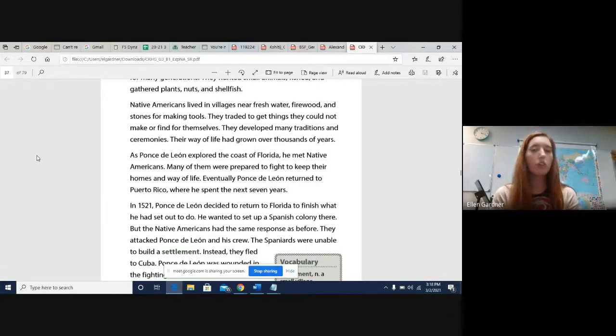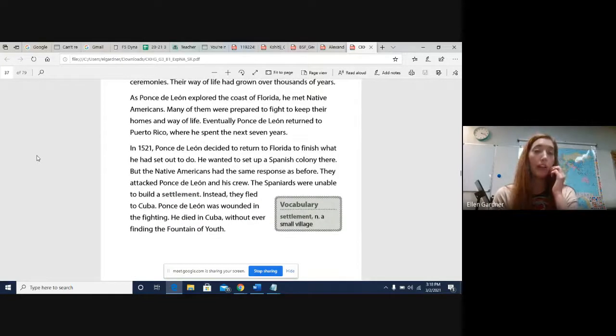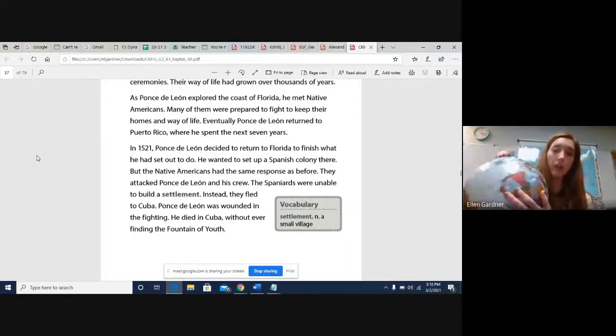Now, as Ponce de Leon explored the coast of Florida, he met Native Americans. Many of them were prepared to fight to keep their homes and way of life. Eventually, Ponce de Leon returned to Puerto Rico, where he spent the next 7 years. So he explored and then went on back to Puerto Rico, the island in the Caribbean.